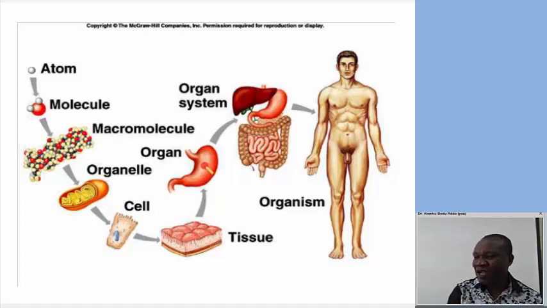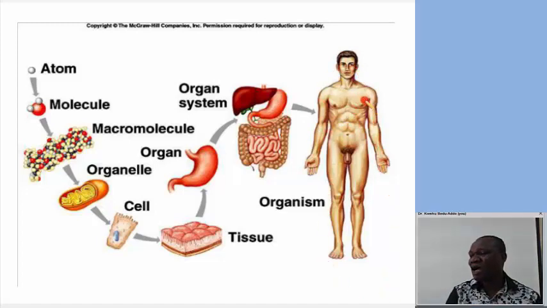An example is the digestive system. We have the liver, the stomach, the intestines, and all these will come together to form an organ system. And I mentioned there are about 11 organ systems. Now, these organ systems will then come together to form the organism, and in our case, the human being.